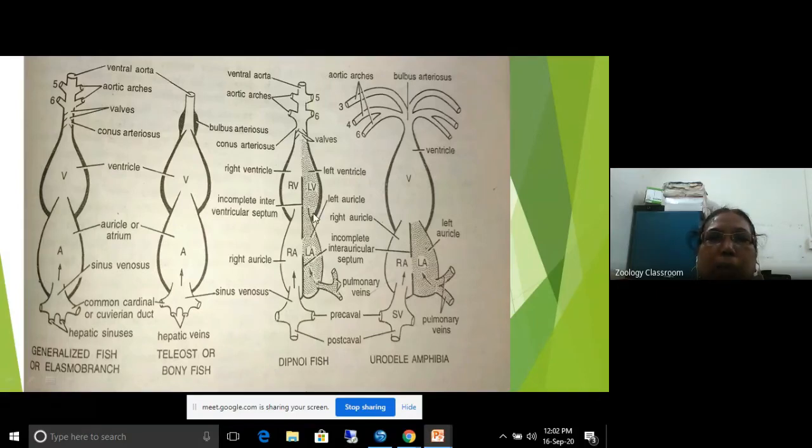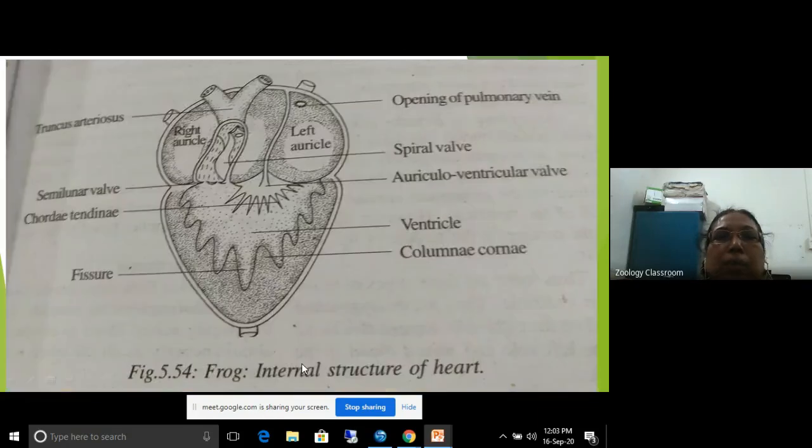And this is mixed blood, because in the center the partition is not complete. In between them there is a partition, but it is not complete, and this mixed blood is supplied to all body parts. So these are found only in the dipnoi fish or lung fishes.